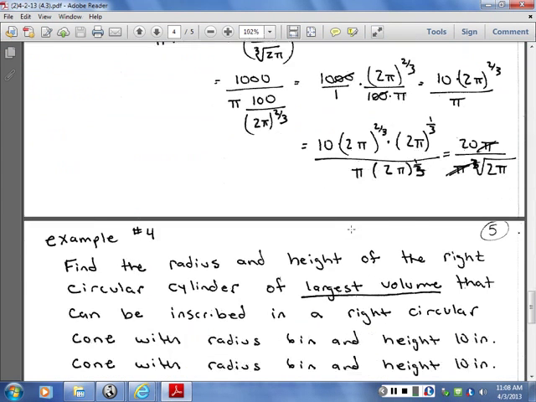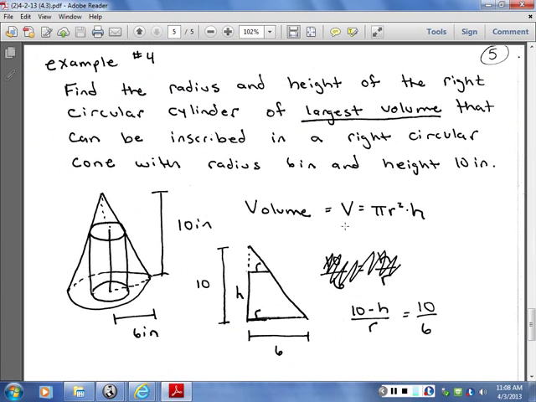So then we said, these definitely can get difficult. This can get complicated. And so we looked at this example. We took, find the radius and height of a right circular cylinder with largest volume that can be inscribed in a right circular cone. So I might have plastic molds that have this certain shape. And I want to go in there and I'm going to machine out a cylinder from this mold.